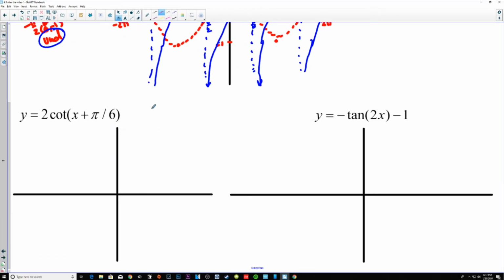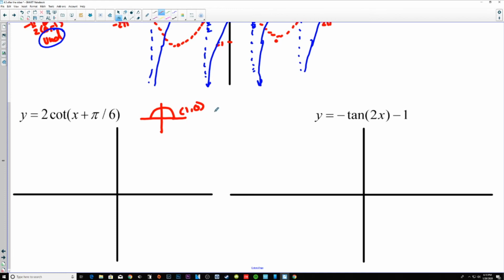Let's graph cotangent, and if we look at the unit circle from 0 to pi, this right here at 0 is the point 1, 0.